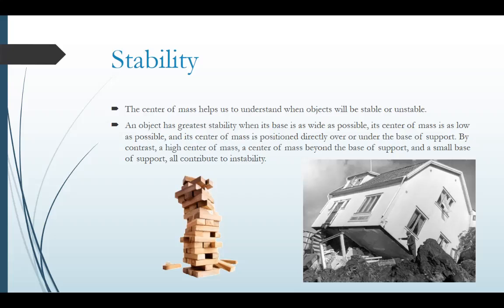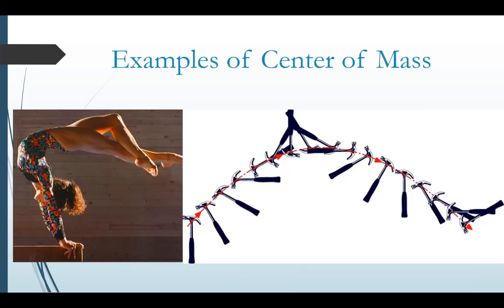Now, this gets a little bit difficult when we think about unusually shaped objects. If you think about the gymnast here on the left, she's able to stay balanced because of where the center of mass is. The center of mass line is still down the center, even though her legs are hanging off the side.